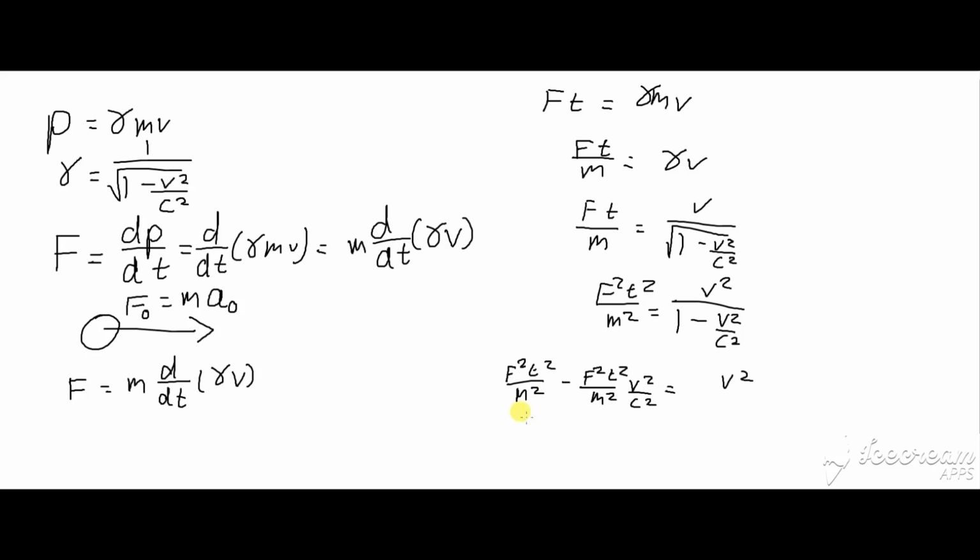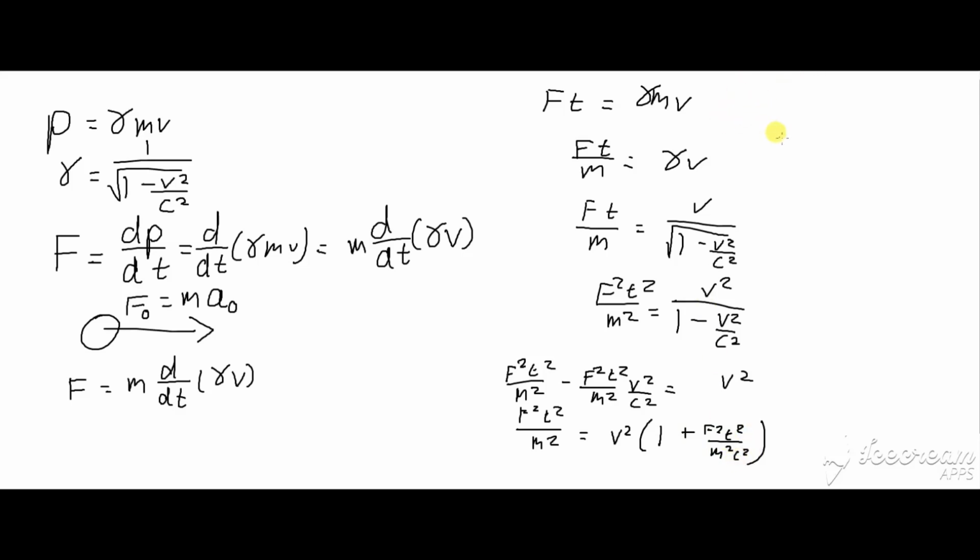Once we have both v squared terms on the same side, we can factor out the v squared. So we end up with v squared times 1 plus F squared t squared on m squared c squared. And we're basically there.